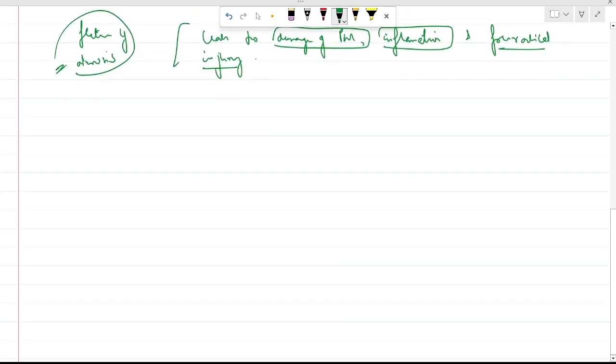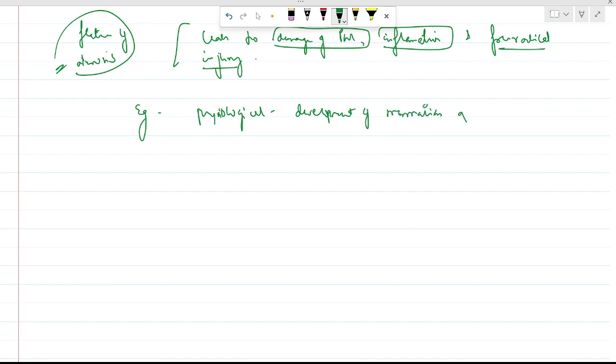Now I'm going to see some examples. Necroptosis is physiological. Basically the examples are development of the mammalian growth plate.